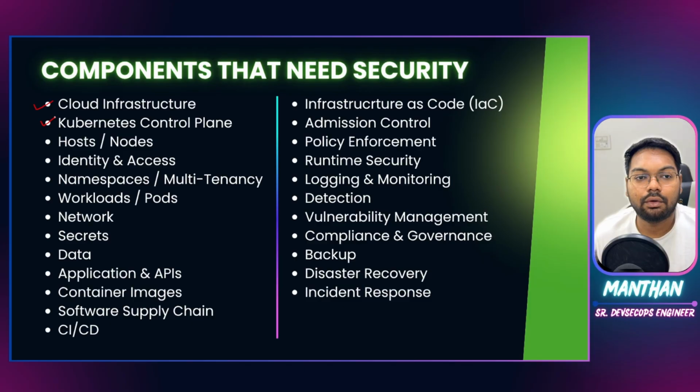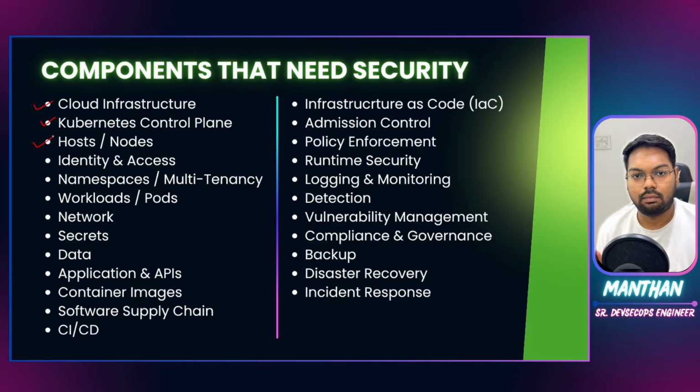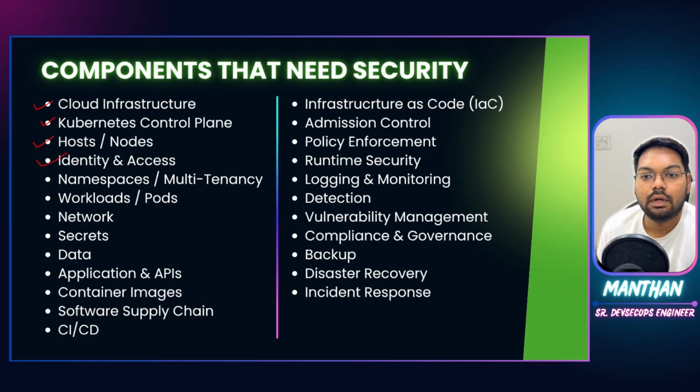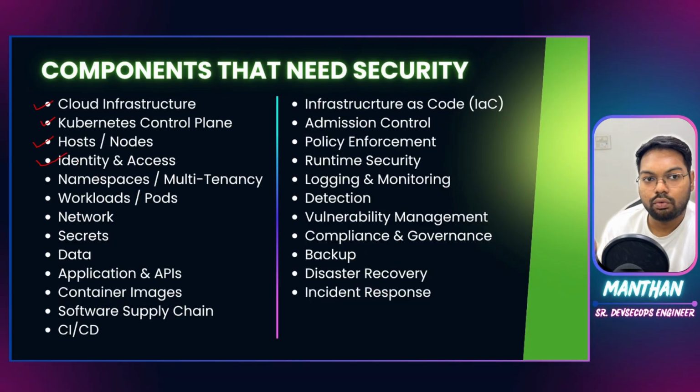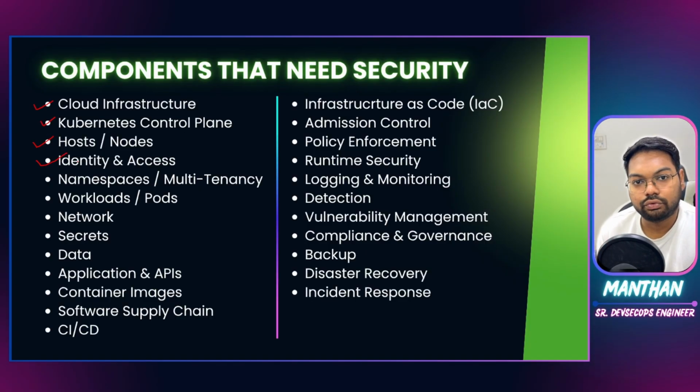Then the control plane of the K8s cluster, then the hosts or the nodes, or the EC2 instances, let's say for example, that your workloads run on. You need to secure those hosts themselves. Then identity and access management for the entire infrastructure, even the hosts or the nodes or the things inside the cluster, to access the API server. We will see it in a bit.